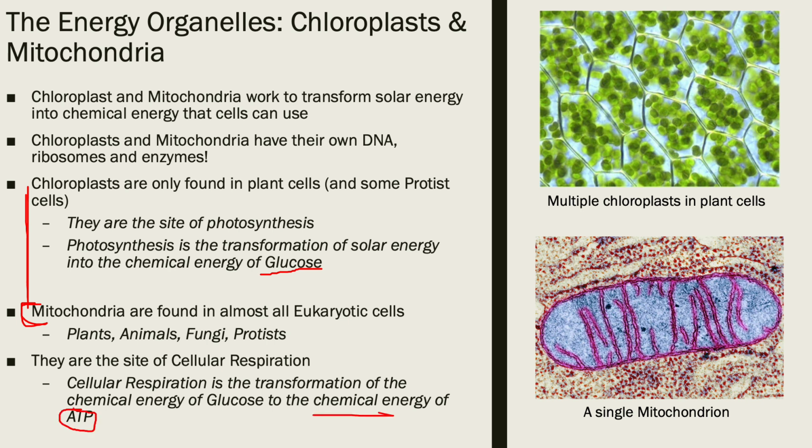And ATP, and we'll look at the structure of that when we cover cellular respiration, but it is a form of energy the cell can utilize. The cell cannot directly use glucose for energy. It has to be modified and repackaged into this form here, and that is what our mitochondria do.